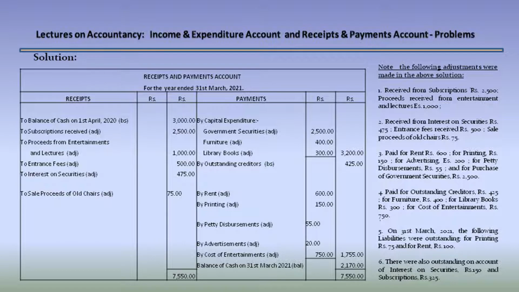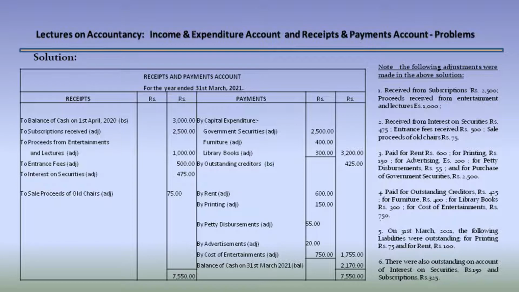To subscriptions received from the transactions and adjustments 2,500. To proceeds from entertainments and lectures 1,000 rupees. To entrance fees 500 rupees. To interest on securities from the transactions 475. To sale proceeds of old chairs 75 rupees.